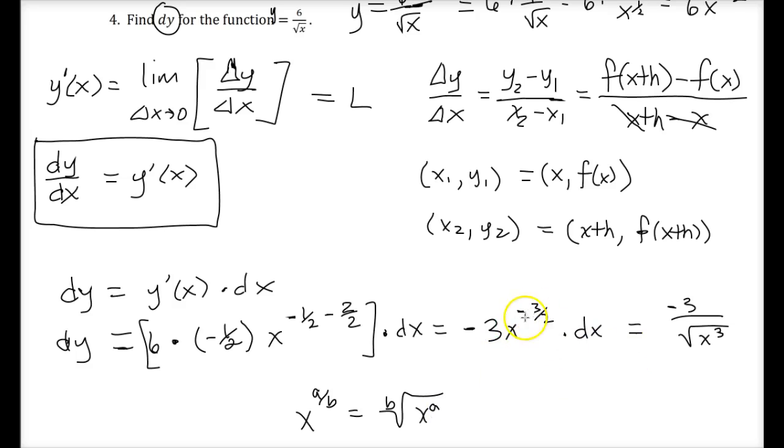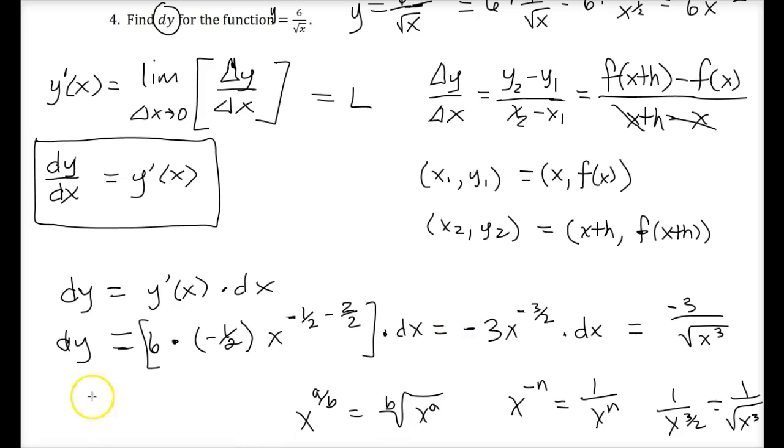So when we look at x raised to the negative 3 over 2, of course, we know that anything raised to a negative number is just 1 over that with a positive exponent. And then after that, we use this particular property to change 1 over x to the 3 over 2 into the square root of x cubed, and of course, that'll be 1 divided by that. So that's how we get that particular answer there.